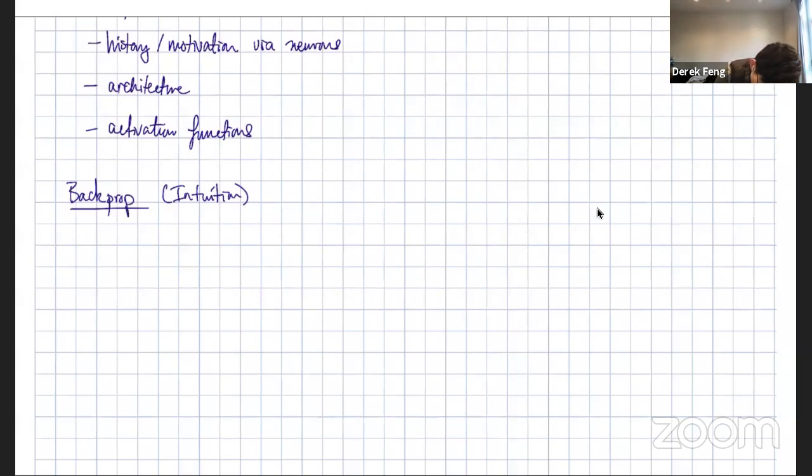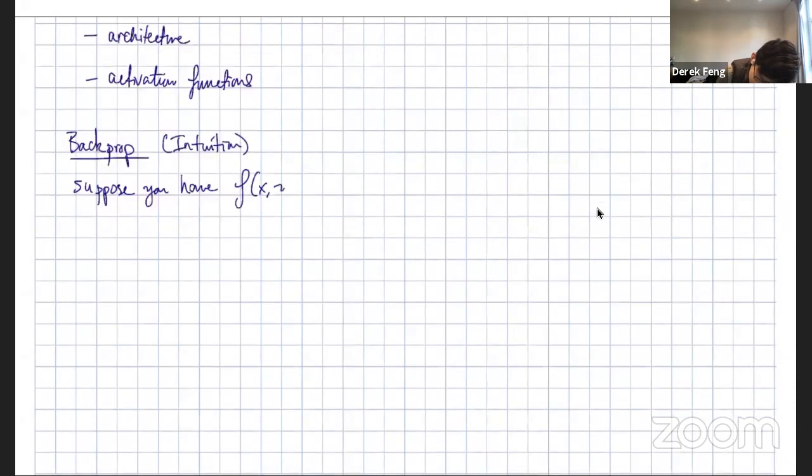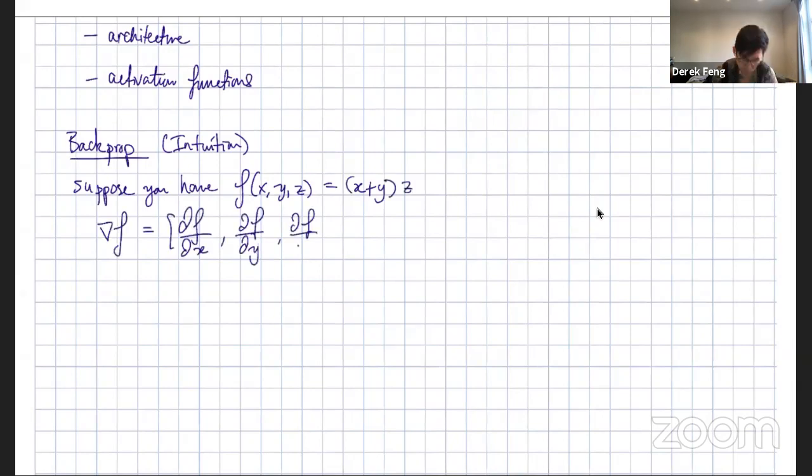So we're going to start with a very simple setting. Suppose you have something silly like f(x, y, z) = (x + y) times z, and we're interested in the gradient of f, which in some sense is df/dx, df/dy, df/dz.